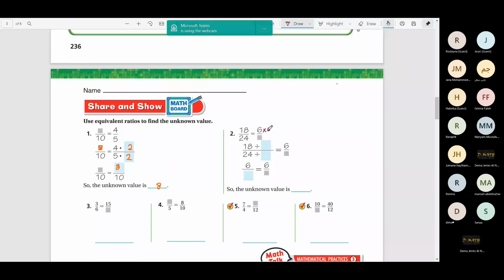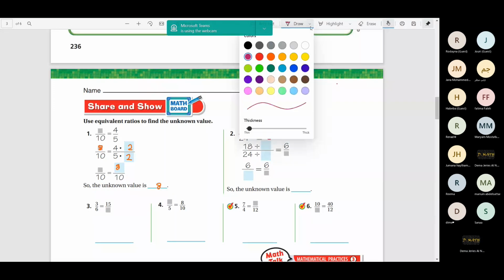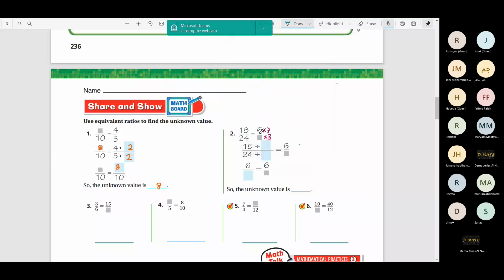Right. So I multiplied 6 by 3, and then I multiply the other one by 3 too. What's the number that if I multiply it by 3, I get 24? 8. So the new ratio now is 6 over 8. That's it.